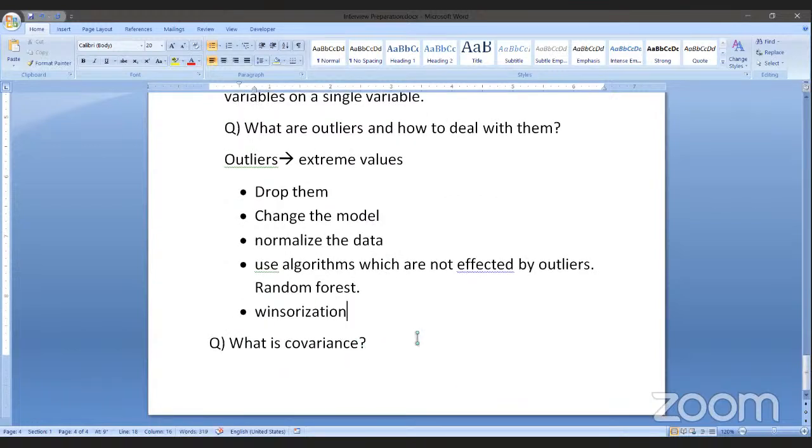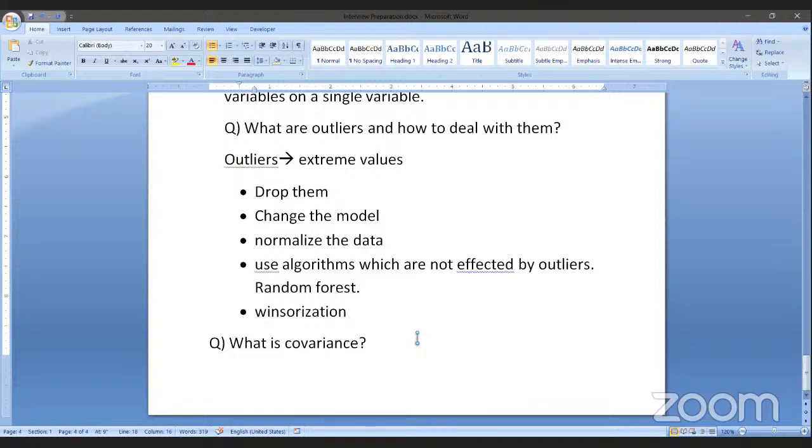Okay, so next, what is covariance? Yeah, Power correct.